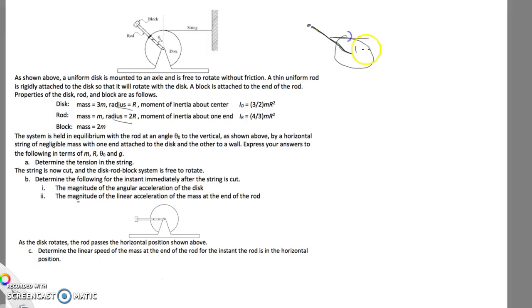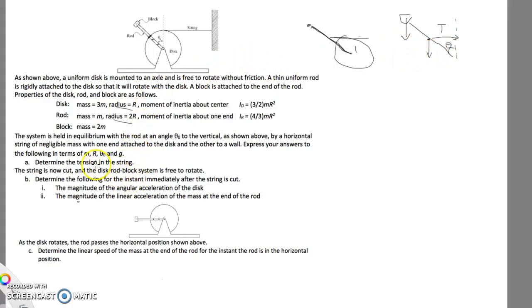And what I want to focus on is that it's at equilibrium, which means the net torque is 0. So I want to show the forces acting on this rod and this block. So we have the weight of this block, we have the weight of this rod, and then we have this force of tension here acting at about the radius, and then we have some angle right here, theta.